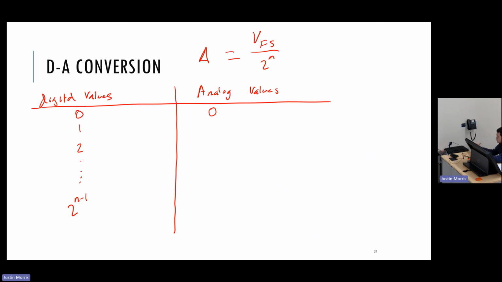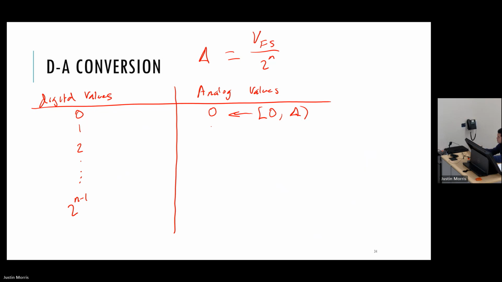But we also have to include that we have this fixed step into how much we can output. We can only output these fixed analog values with the digital to analog converter. So if you want to represent 0, or really 0 through delta, which is our step size, that's what your Vout is going to be. If you want to represent anything in this range, the output is going to be 0.